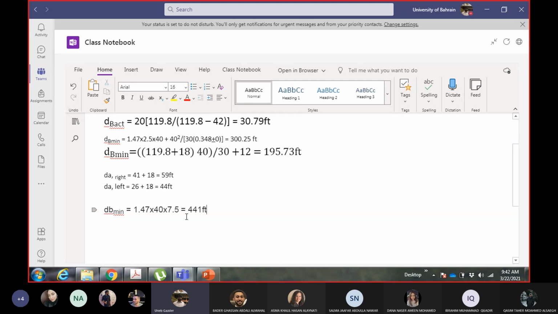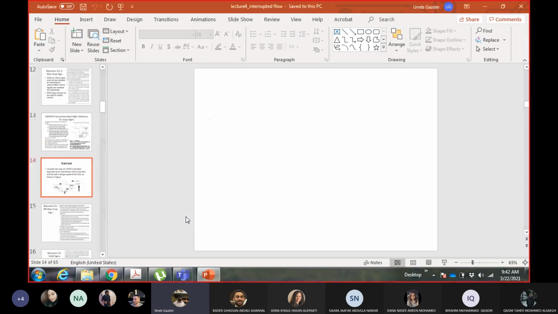Now you have dA for the right and the left hand side, and you have dB minimum.